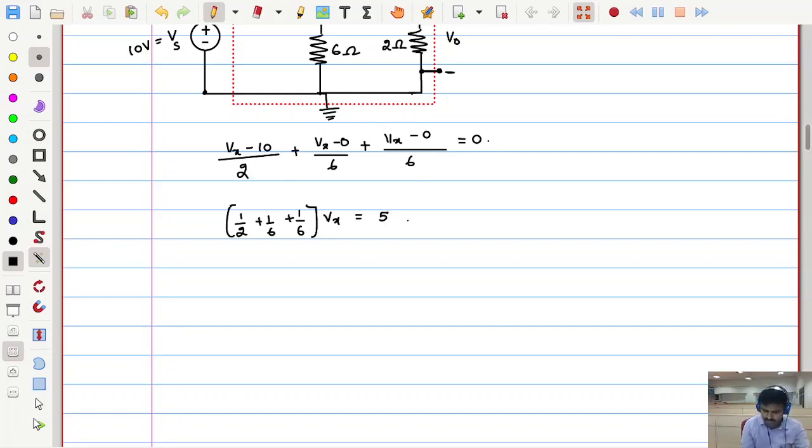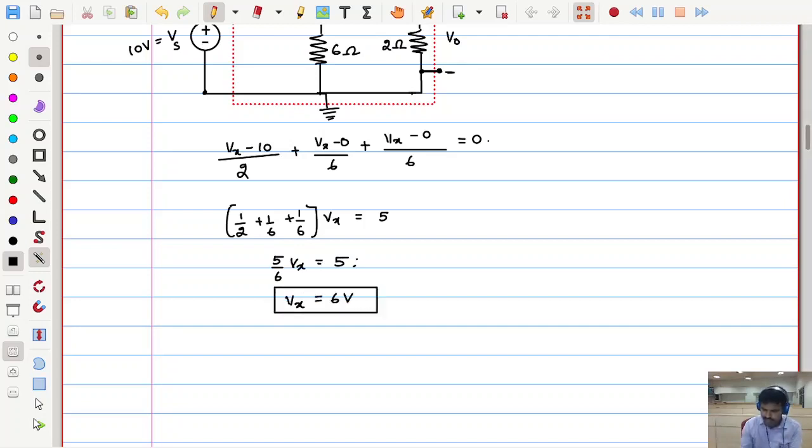So how much is this value? 2 inverse plus 6 inverse plus 6 inverse is 5 by 6. So 5 by 6 into Vx is equal to 5. That means Vx is equal to 6 volts.